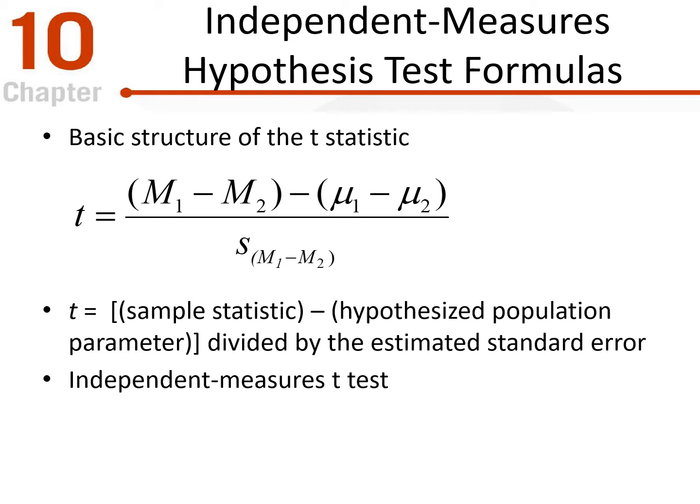If you cancel out that second term, all you're left with in the numerator is mean 1 minus mean 2. So it's mean 1 minus mean 2 in the numerator, divided by the standard error of the difference between the sample means in the denominator. We'll talk about how to calculate this. So just eliminate that second term because it's 0, and the numerator becomes mean 1 minus mean 2. Cross out the mu1 minus mu2. That's 0 for our purposes.